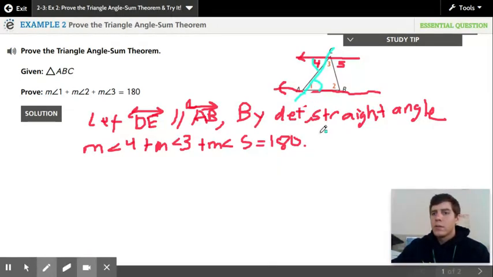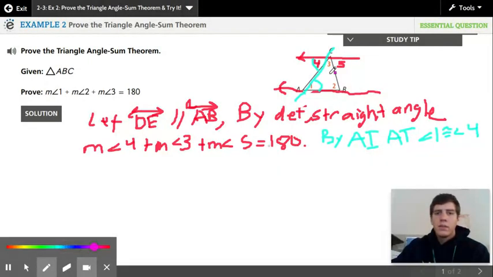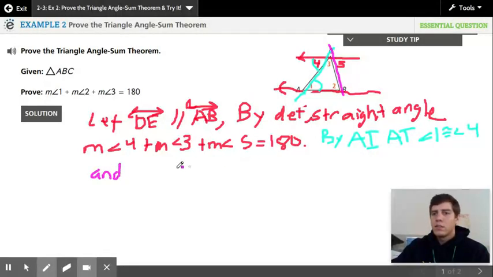So by the alternate interior angle theorem, angle 1 is congruent to angle 4. And using this transversal, by the alternate interior angle theorem, angle 2 is congruent to angle 5.